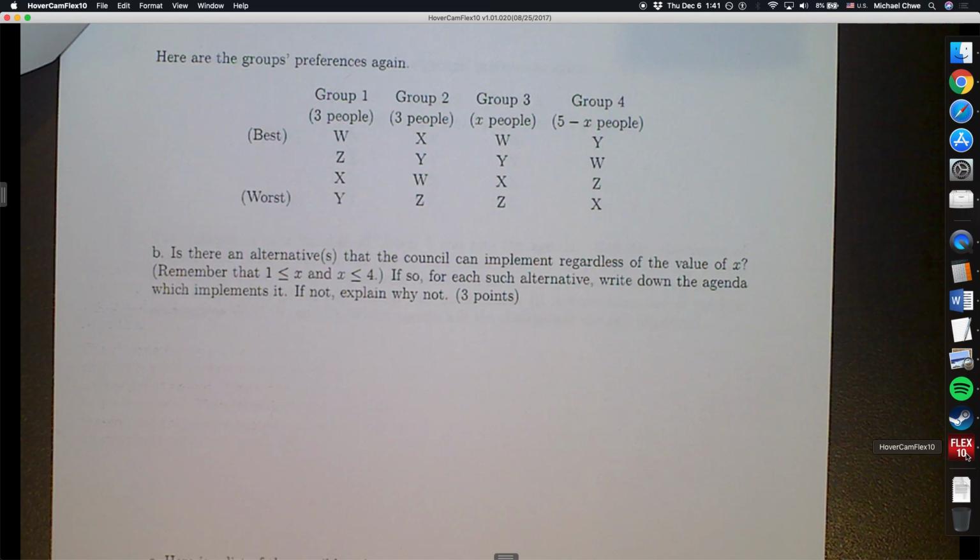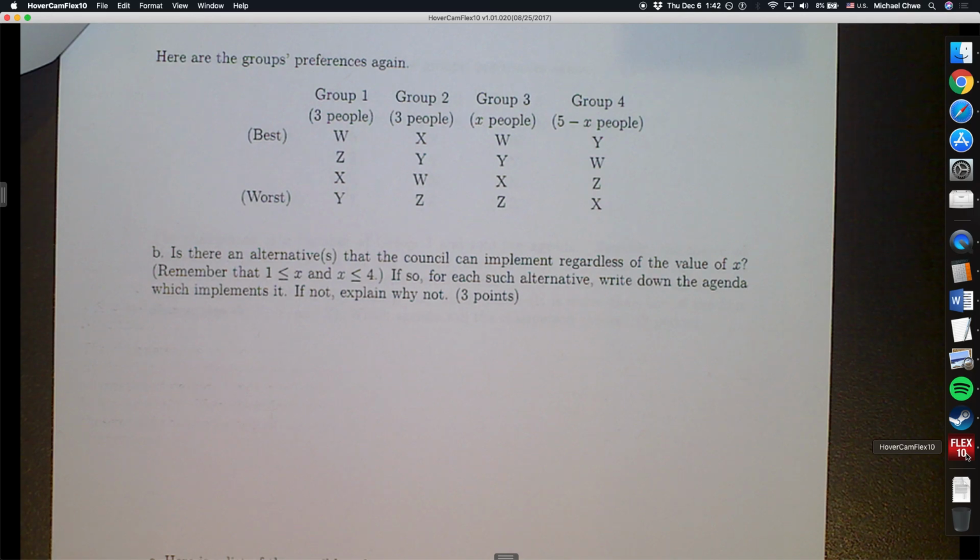X versus Z. 3 votes here, 3 votes here, X here, and then 5 minus X. So this is 3 plus X, this is 8 minus X. So I don't know between X and Z. And finally we have Y and Z. How many people for Y? Z is 3, right? And everyone else votes for Y over Z, right? Y, 8. So Y beats Z.